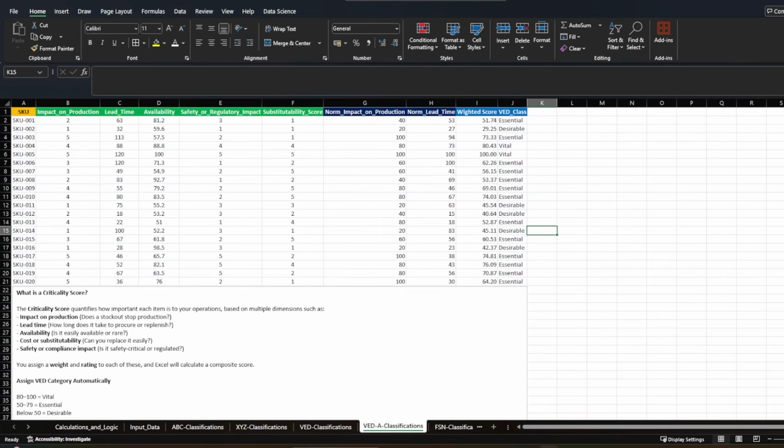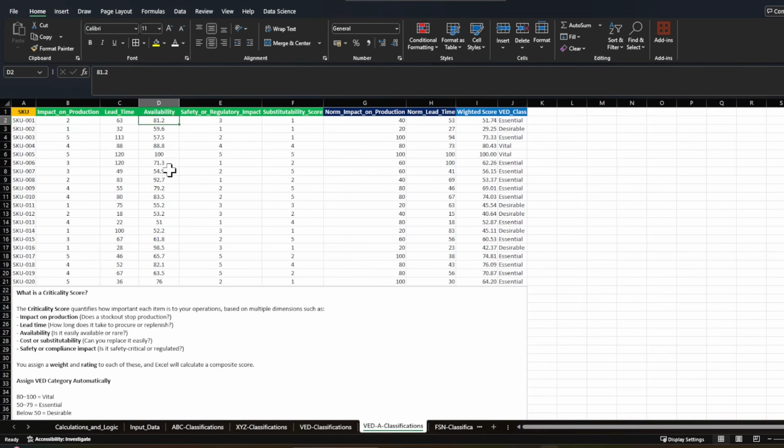So coming here, we have this first feature, impact on production, which is 2. If it is 5, it means it has high impact on production, and if it is 1, it means it has low impact on production. Then we have lead time in days. Availability, again, is something you can put any score to.